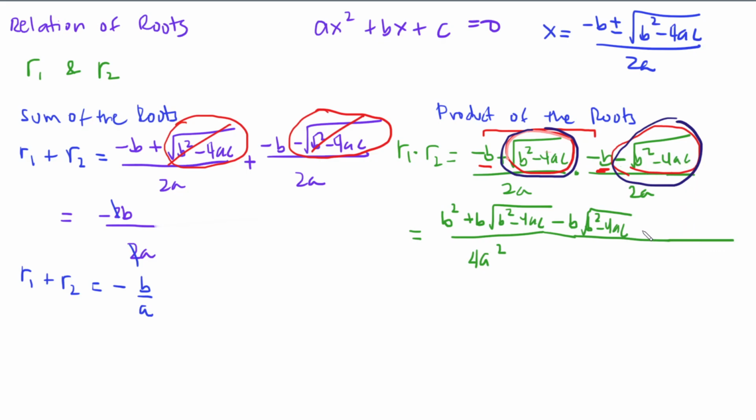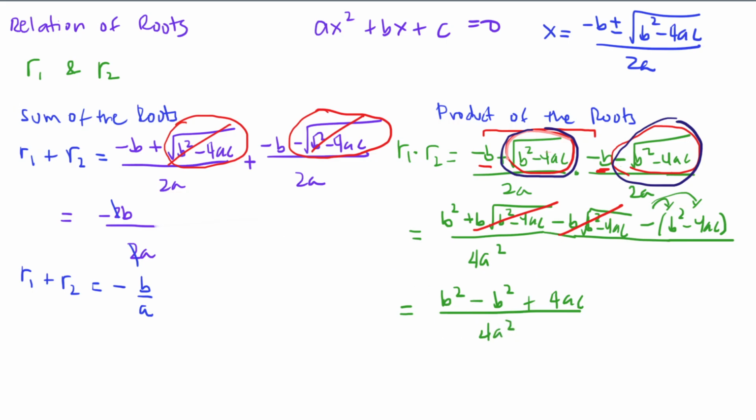The square roots cancel out, so that will be negative, b squared minus 4ac. Then we simplify. Obviously the middle terms cancel out, so we are left with b squared, and distributing the negative sign, negative b squared plus 4ac, all over 4a squared.